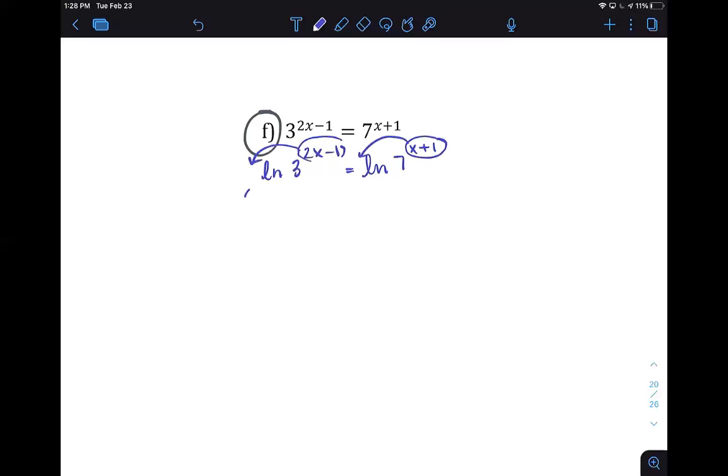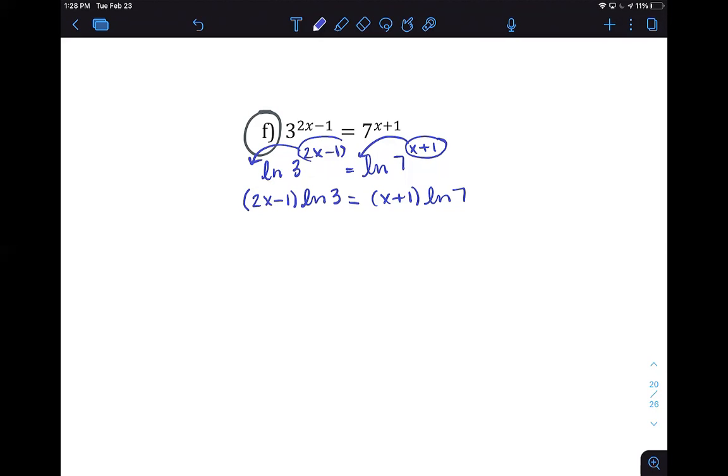When you do that, make sure you put that exponent in parentheses. So we have the quantity of 2x minus 1 times the natural log of 3 equals the quantity of x plus 1 times the natural log of 7. And now we're doing algebra. The thing you have to be careful about: natural log of 3, that's just a number.